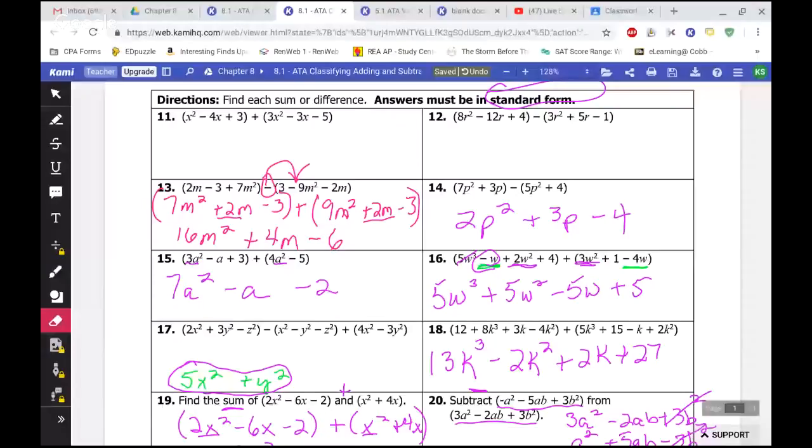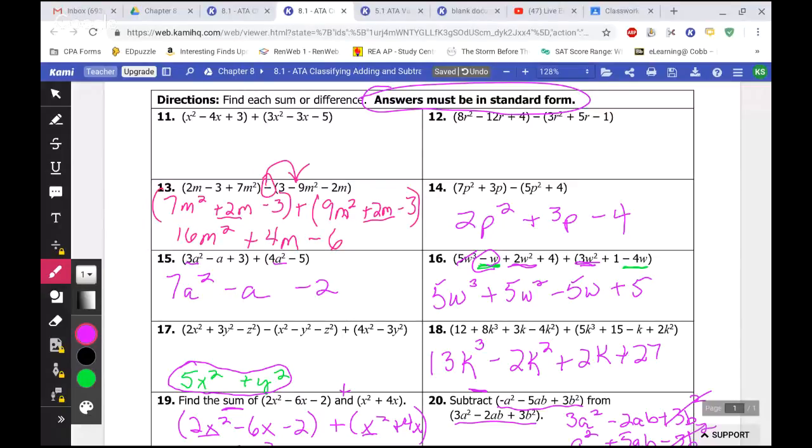So that's why when I'm doing my work, I try to do it in standard form order so that I don't have to rewrite my answer, because answers must be in standard form. And standard form means that it has to be in alphabetical, degree order. Okay, thank you. Does that make sense?